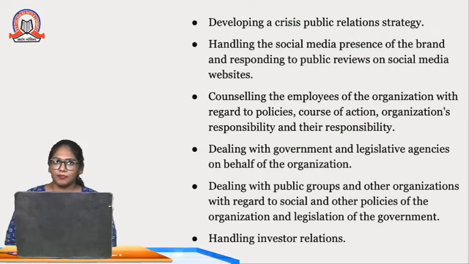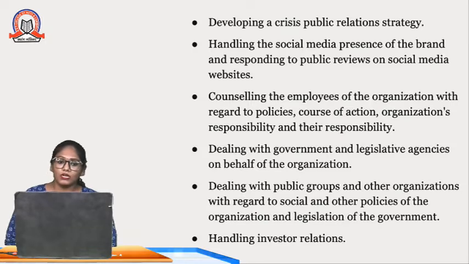For example, if there is something happening in the organization that I as an employee do not resonate with, or I as an external person, as a consumer or as a stakeholder, as somebody who has invested in that particular organization, do not resonate with, or I do not believe in any cause or any message that they are giving out, it becomes the responsibility of the PR department to counsel me, to let me know whether there are any gaps, to fill me in and to counsel me in a way that the policies of the organization, the course of action and all the responsibilities are coming to me in a positive light.